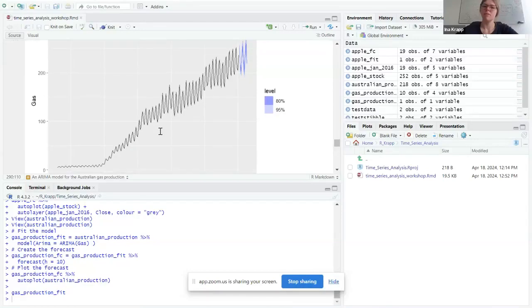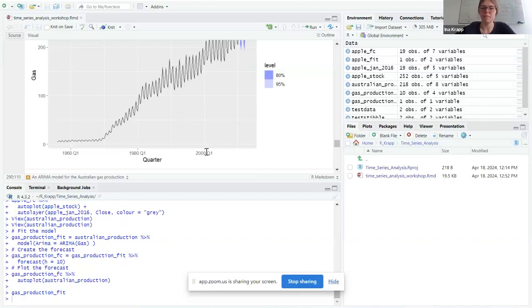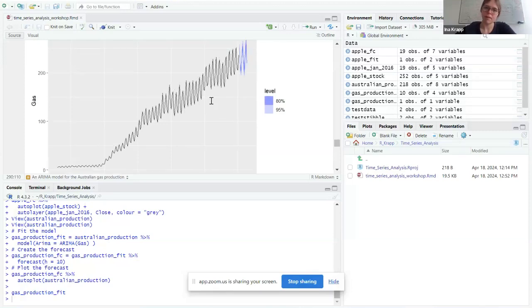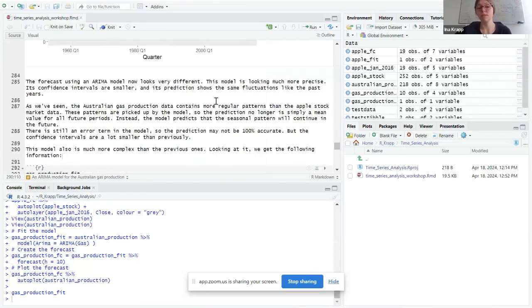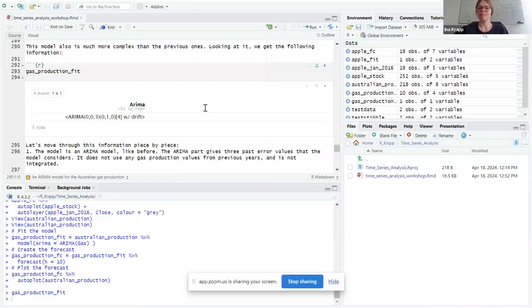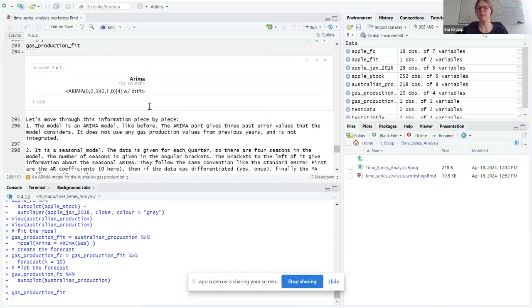This is maybe not immediately visible from the data because the data covers a fairly large time span, but these regular fluctuations are directly tied to the seasons. So to make an accurate prediction, the model has detected that there is a seasonal pattern. The number of seasons is in these brackets, and the model correctly predicted that there are 4 seasons.